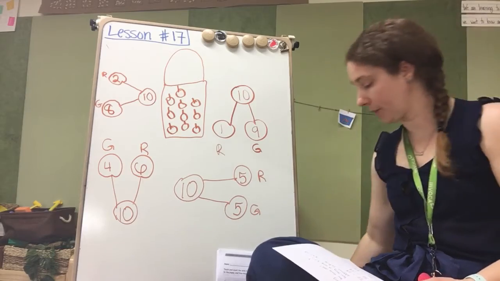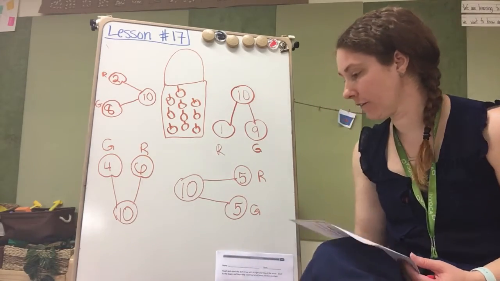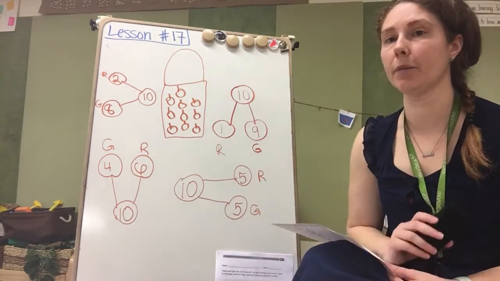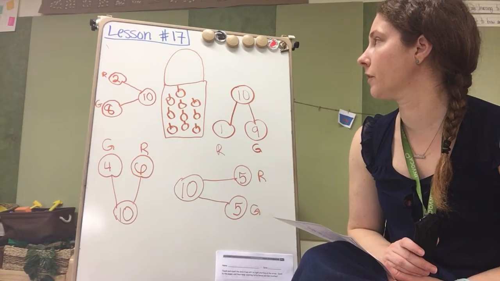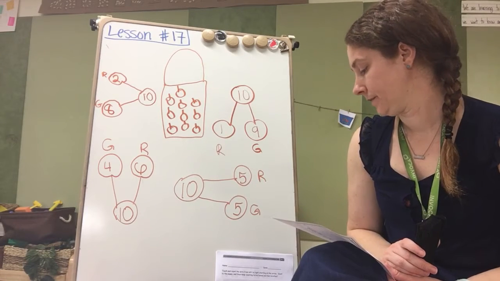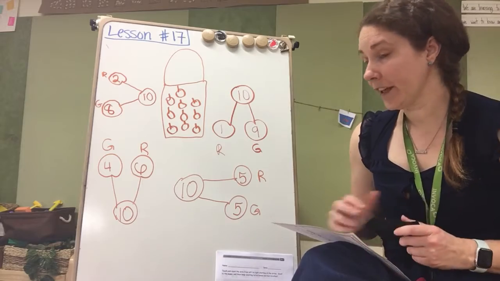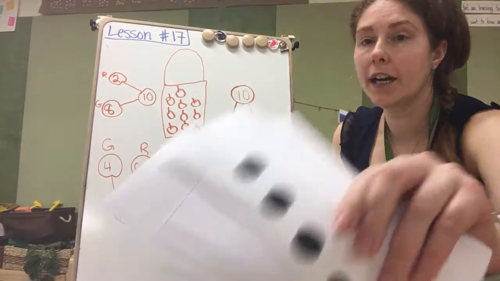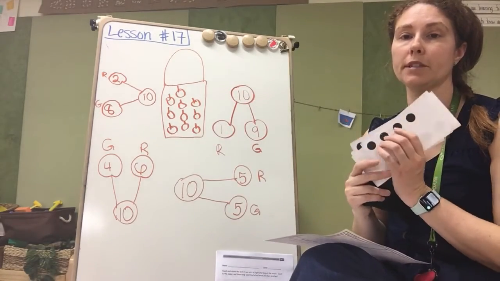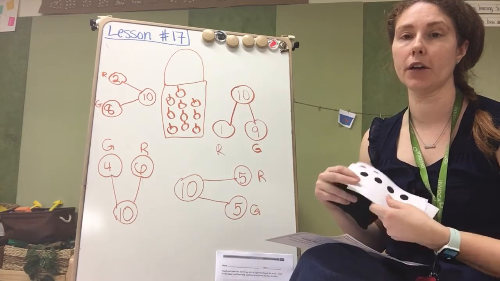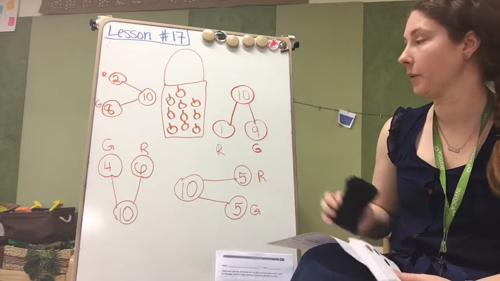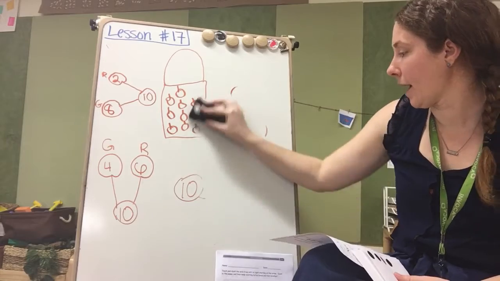Okay, awesome job, guys. So finish those up. I'm going to give you a couple seconds if you're still filling in a couple number bonds. And then after this, we're going to do something with our dot cards and writing some addition problems. So if you need another piece of paper, go grab that now. And I'm going to erase Sammy's apples.